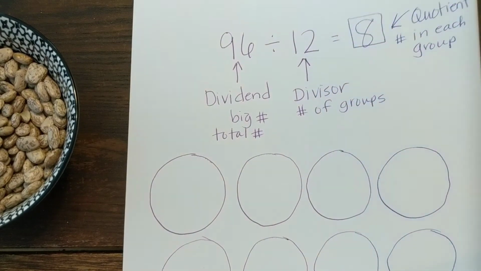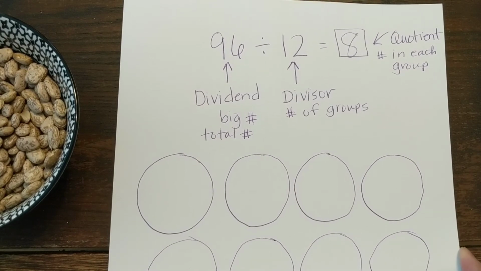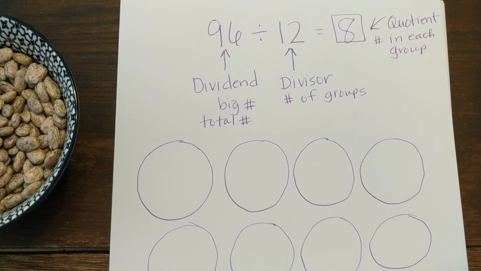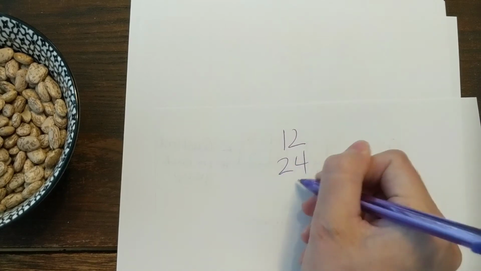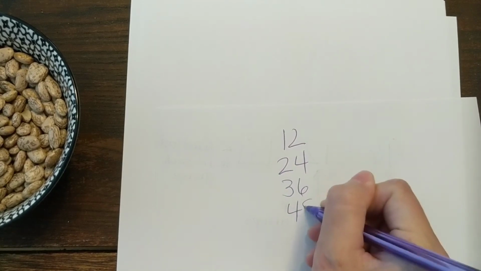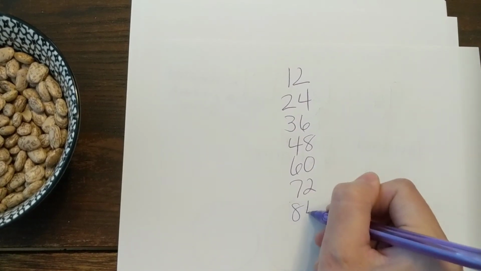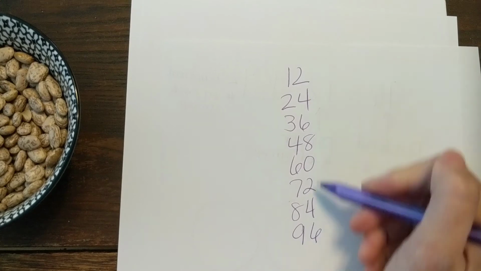So anyhow, there's lots of patterns in multiplication and division, and 12s really don't have the best patterns, but I know that when I start writing my 12s, there's 12, 24, 36, 48, 60, 72, 84, 96. Okay, so that was 8.